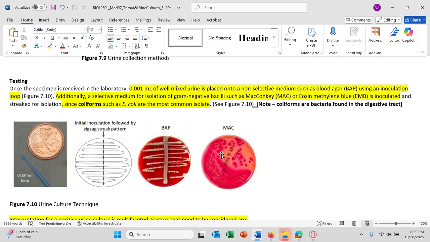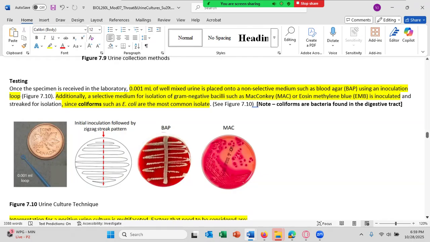Coliforms such as E. coli are the most common isolate from a urine specimen, especially E. coli is the number 1 possibility, but the members of the family Enterobacteriaceae are very commonly found in urine specimens.